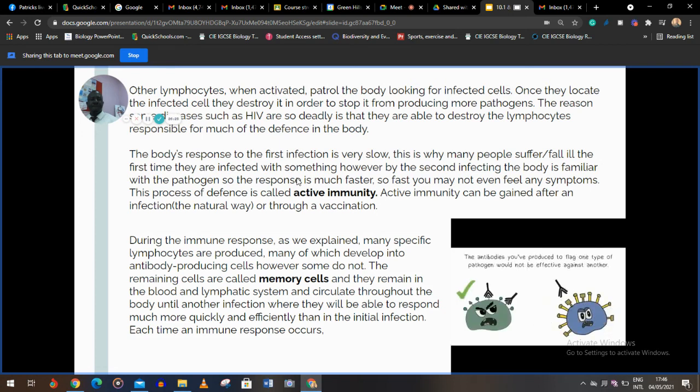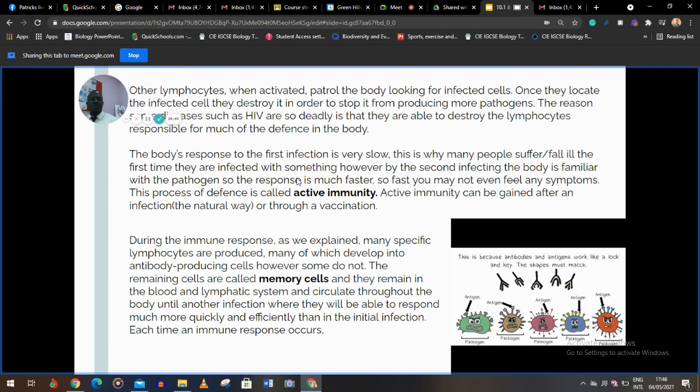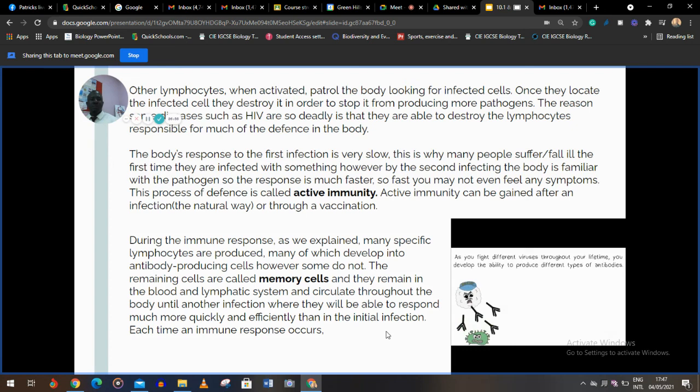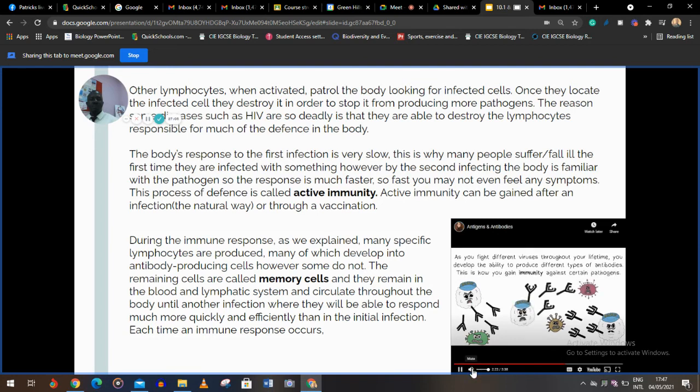The antibodies you produce to flag one type of pathogen would not be effective against another. For example, the antibodies that flag the measles virus would not be able to flag the chickenpox virus. This is because antibodies and antigens work like a lock and key. The shapes must match. As you fight different viruses throughout your lifetime, you develop the ability to produce different types of antibodies. This is how you gain immunity against certain pathogens.